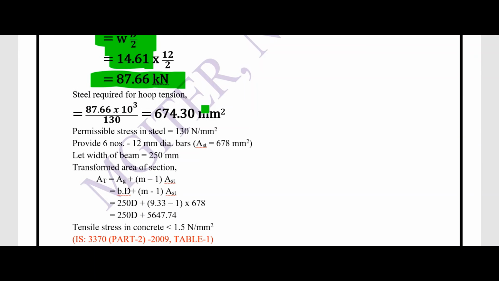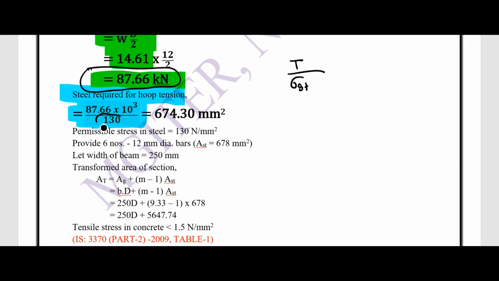The steel required for the hoop tension is 87.66 into 10 raised to 3 divided by 130. You can see the equation is T divided by sigma ST. This is the hoop tension, and here sigma ST is 130 for M30 grade of concrete and Fe415 grade of steel.